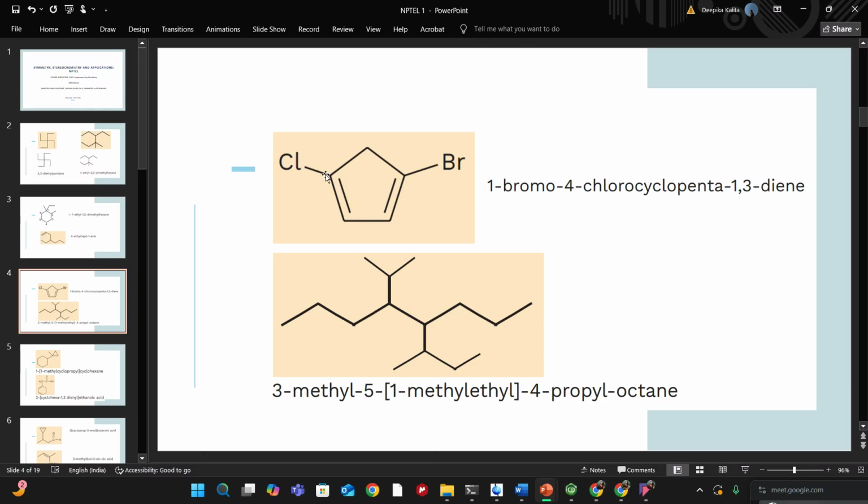That is the clockwise direction, we put chlorine at number 1. But in that case, this single bond is going to get the lowest number, like 1, 2. Oh, okay. That time we prefer the multiple bond also. Yes, the multiple bond should get the highest priority.